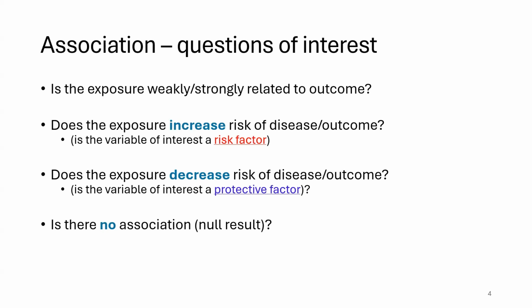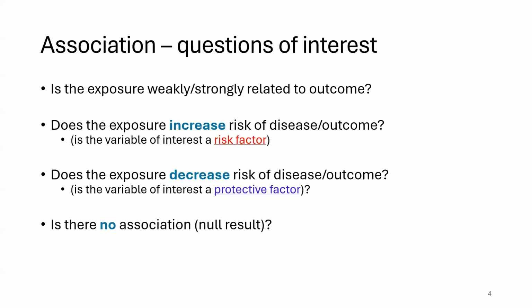We're also seeking to answer questions like, does the exposure decrease the risk of a disease or outcome? So is it a protective factor? Something like social support, something that can help decrease the likelihood that somebody's going to experience something like postpartum depression.